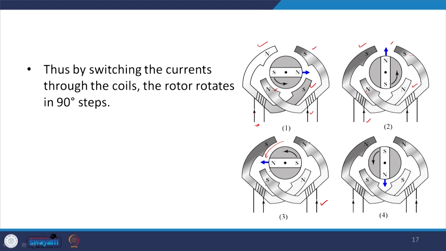And then further if again we change the polarity like this, this becomes north and this becomes south. This was the earlier one. Again we see that this turns further from here. This being converted into south, this will be turning over here and trying to align. Thus the rotor rotates in one step. You can see that there is a rotation of 90 degrees.